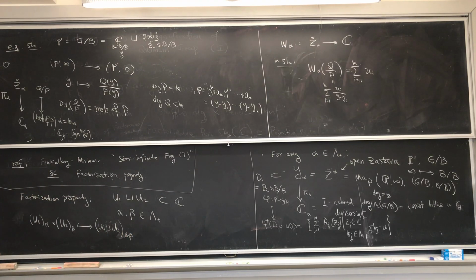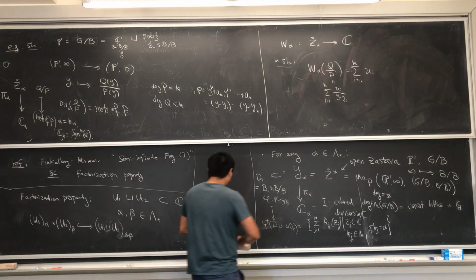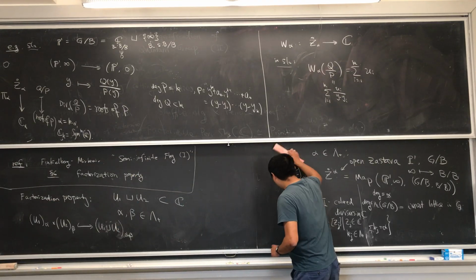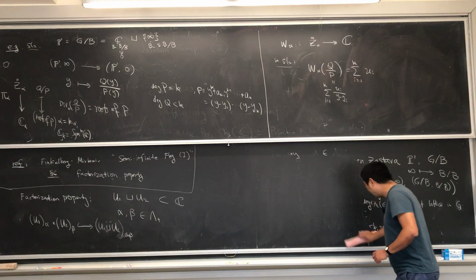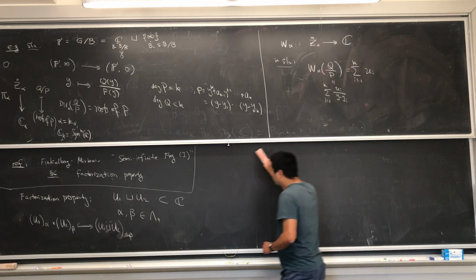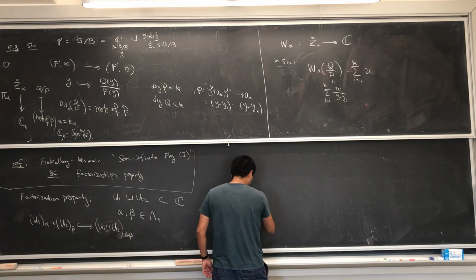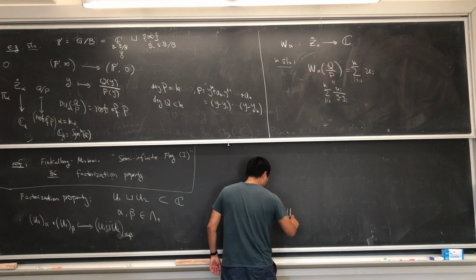Okay, so this is an open embedding. So we can consider the pullback. So the factorization property is just saying, U1 alpha, U2 beta.